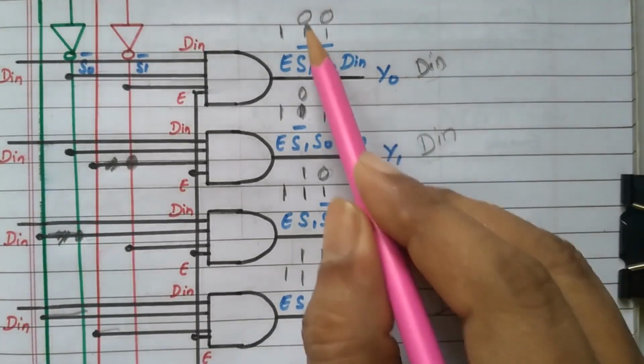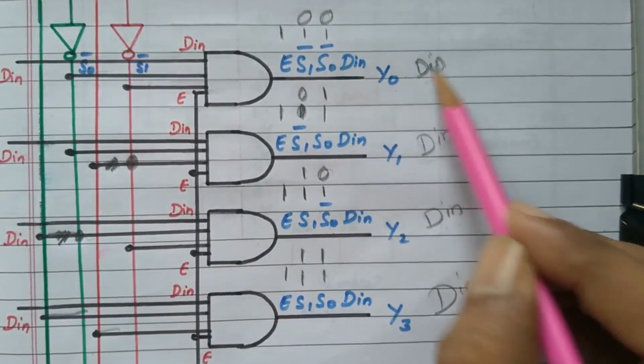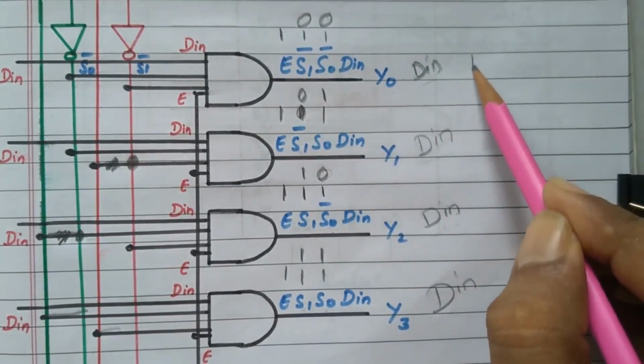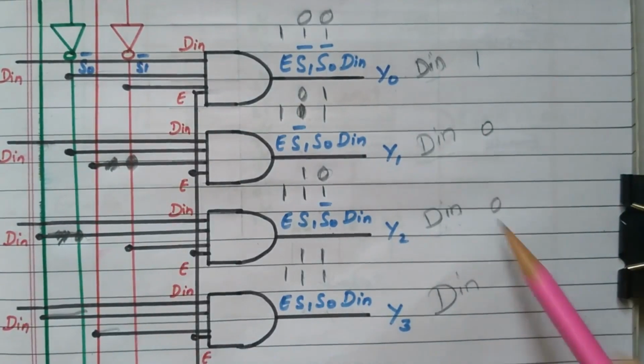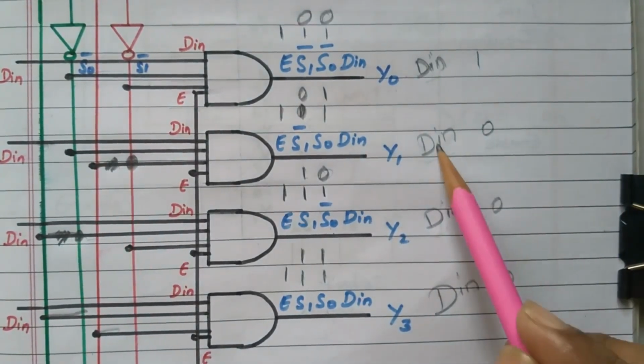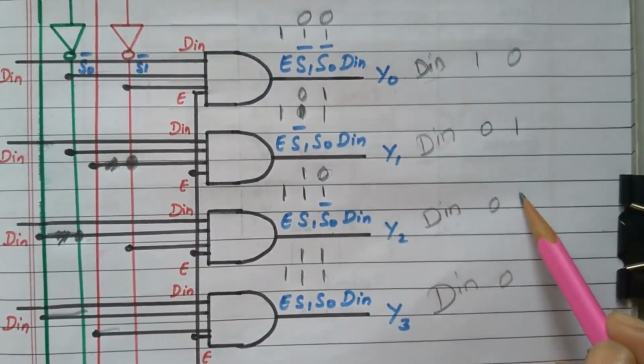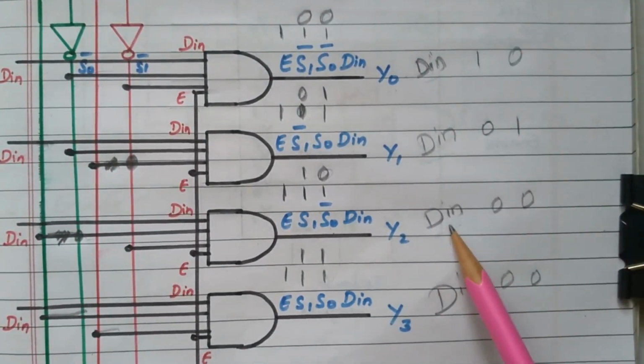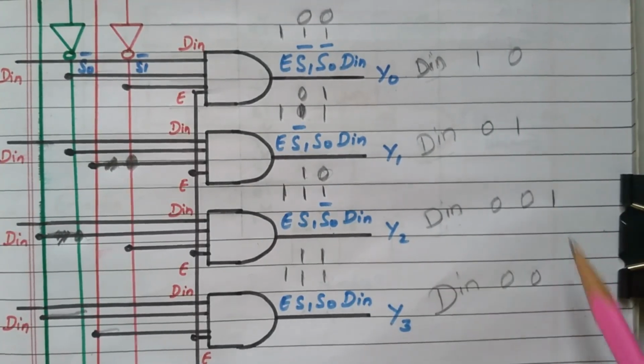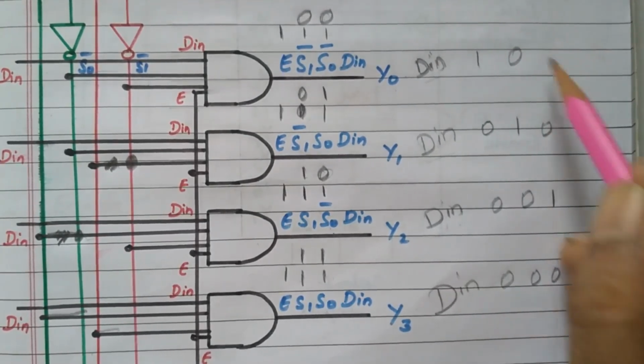For example, 0 0 means this output will be 1, the remaining outputs are 0 0 0. For the second combination, only this output will be 1, the remaining are 0. For the third combination this output will be 1, the remaining are automatically 0.